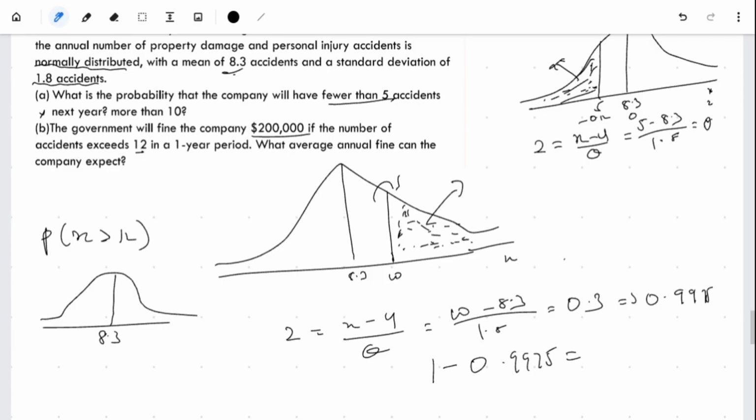And now your x is 12. So here is 12. And we are saying greater than. So still this same value, right? So you translate this x into z, and then you find the probability. So after you get your probability, because it's greater than, you subtract from 1. Subtract from 1, and then you get your probability for this portion.